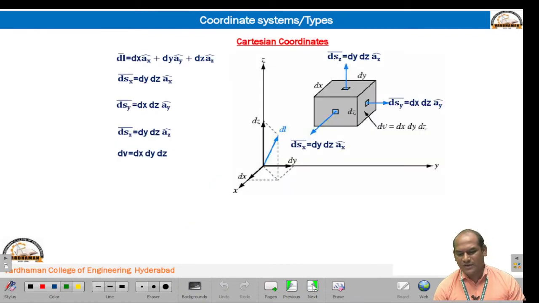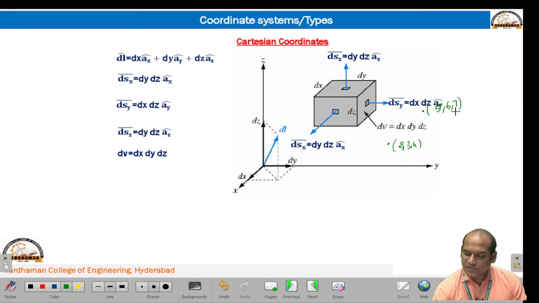So here we have given the differential length, differential surfaces and differential volume. As I said earlier, you are moving from one point, for example 2, 3, 4, to another point where 5, 6, 7 are the coordinates.